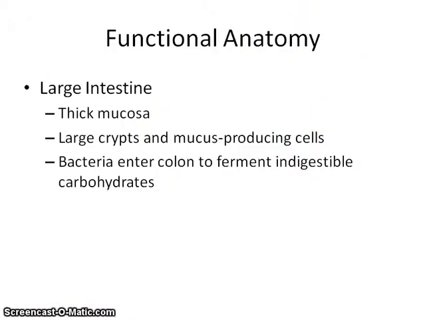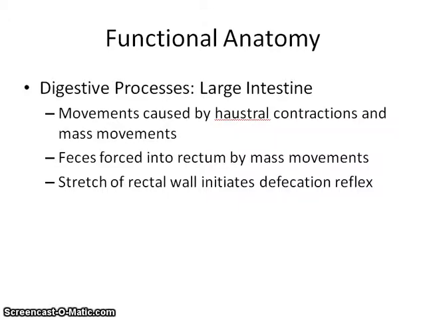It's a very thick mucosa in the large intestine, bigger crypts and more mucus-producing cells than you'll find in the small intestine. Things that are happening here are called haustral contractions. Each big movement is forcing the food into a compactor and helping it to get to the end of that sigmoid colon so that when you have the chance to relieve yourself, it's all there ready to go.